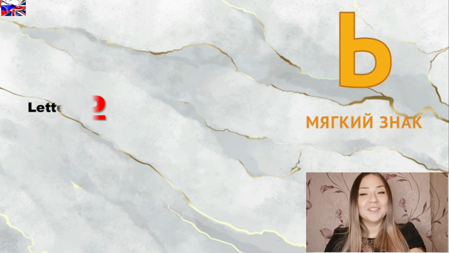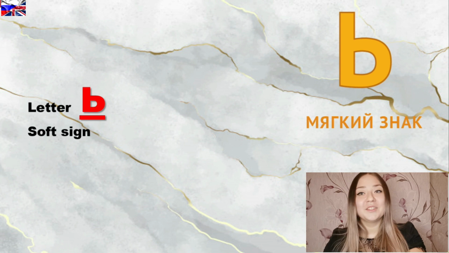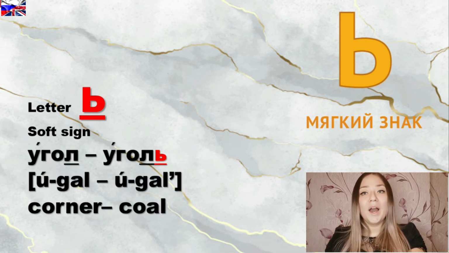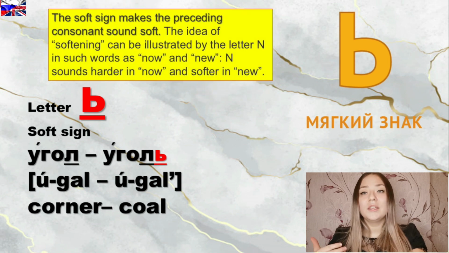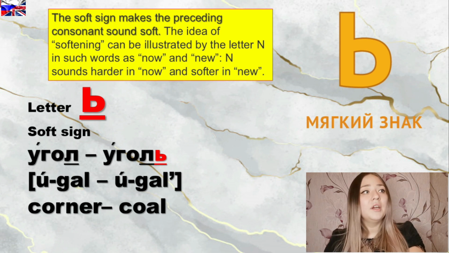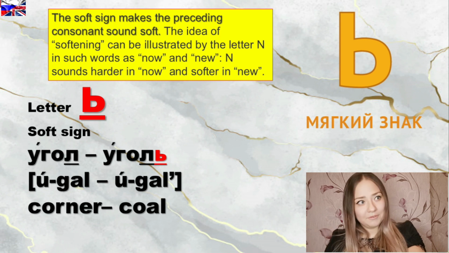And also we're going to look at this sign, which is the soft sign, and we will look at examples as well. So why do we need the soft sign? Just as the hard sign, the soft sign doesn't have any sound value. It doesn't make any sound whatsoever, but it makes the preceding consonant sound soft.